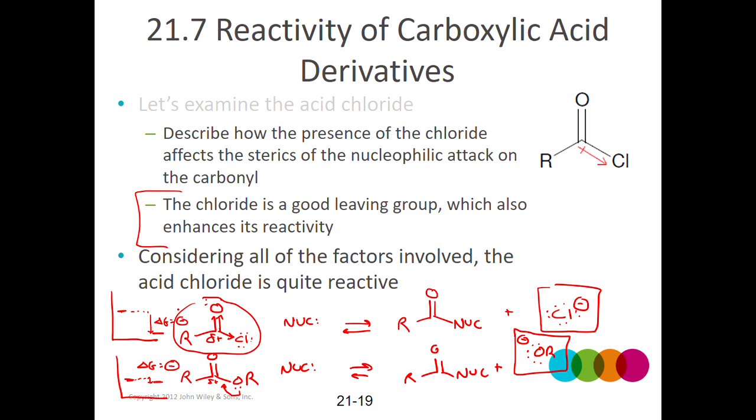And so that's looking at the enthalpy part of the equation, but we also want to think about entropy. Right? We know when we're looking at equilibrium, what affects which side the equilibrium favors is the sign and magnitude of delta G. And delta G is affected both by the stability difference, which we talked about here, as well as the entropy difference.